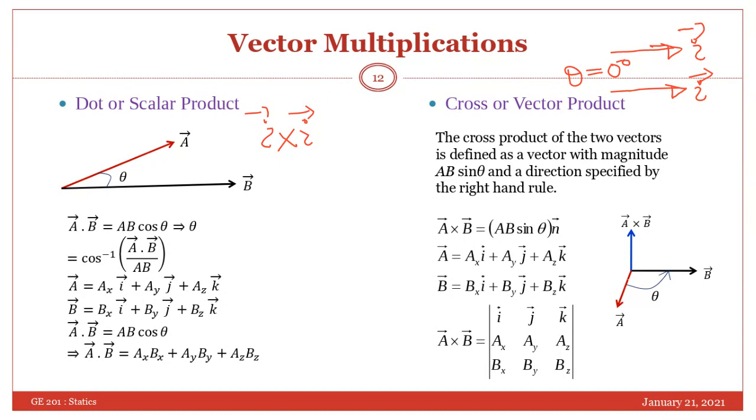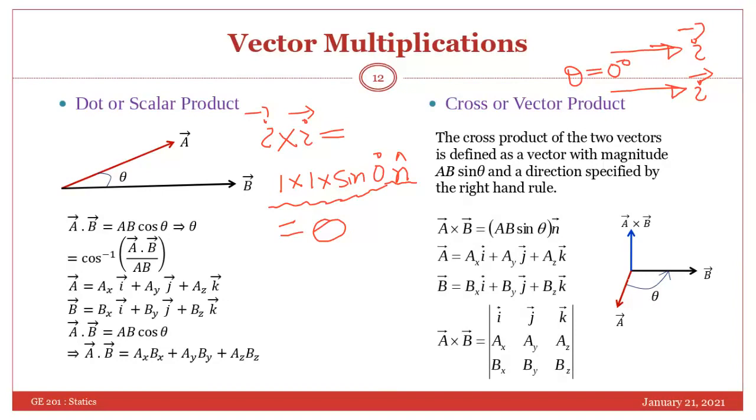So theta is 0. So this will be equal to 1 into 1, because AB sine theta, into sine 0, of course, into the unit vector. But here the unit vector will not play much role. This sine 0 will make everything 0. The answer will be 0. So in vector multiplication, same unit vectors multiplication is going to give you answer 0.